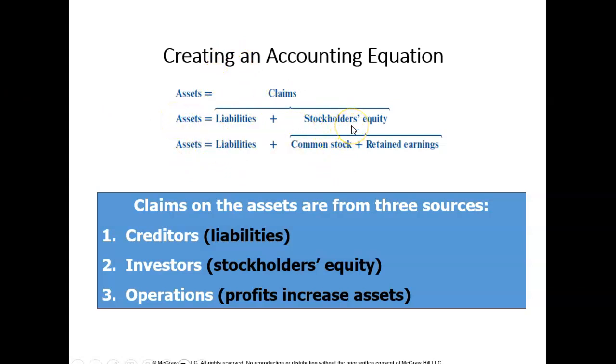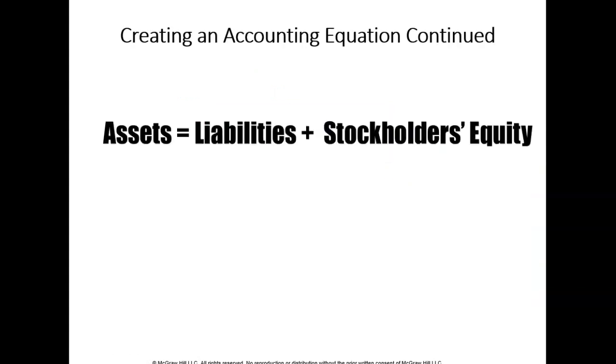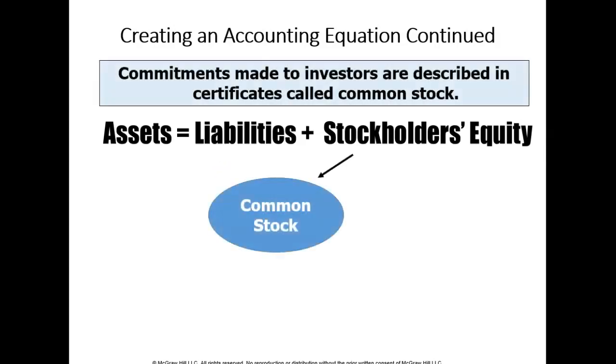Now, the equity section can be broken down into two components, what we call common stock and retained earnings. As we go through our presentation, we'll talk more about these sections of the accounting equation. Okay? So this equation says assets equals liabilities plus stockholders' equity. This equation is used by companies to record and keep track of all of their business transactions.